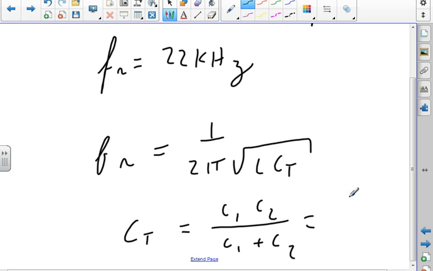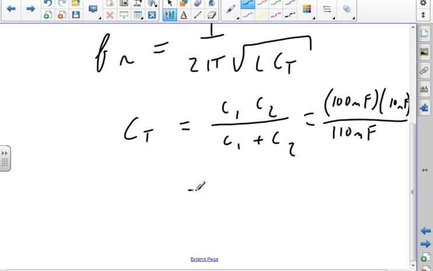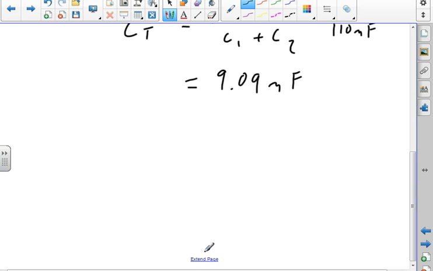Total capacitance is going to be 100 nanofarads times 10 nanofarads divided by 110 nanofarads. Okay, so that's 1,000. So 1,000 divided by 110, and I get 9.09 nanofarads.